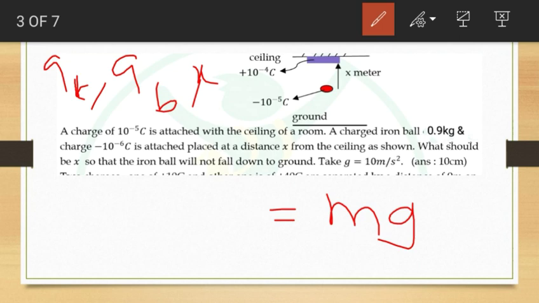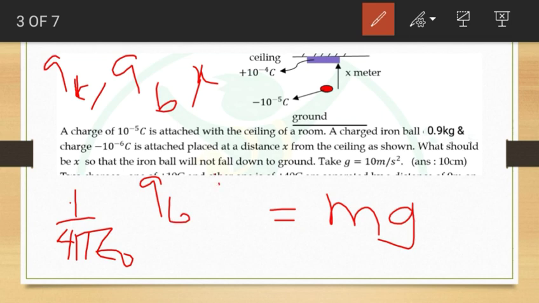So F is equal to 1 by 4 pi epsilon 0 times q1 q2, which is qb qc, divided by the distance x we have taken, so x square. So this is 1 by 4 pi epsilon 0 qb qc divided by x square, right? Now we shall put in the values.